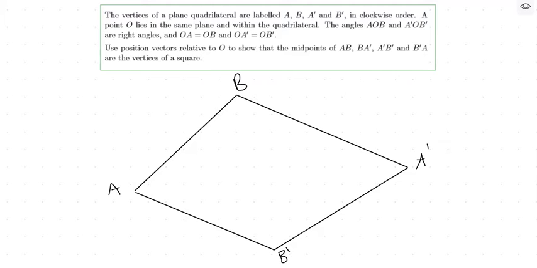The angles AOB and A dash O B dash are right angles. So somewhere like this, maybe. We have AOB and A dash O B dash.